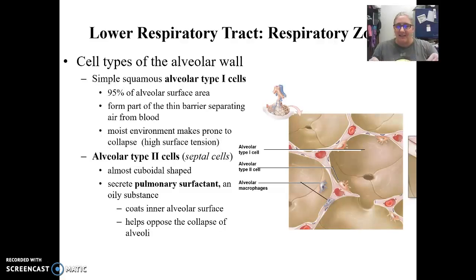Have you ever had something spilled on your homework and you're trying to pull the paper apart and it gets hard to move? But if it's dry, it's a lot easier to move. So what the surfactant does is it provides a kind of chemical that allows the alveoli walls to open back up.